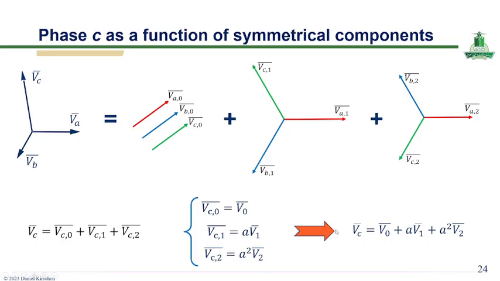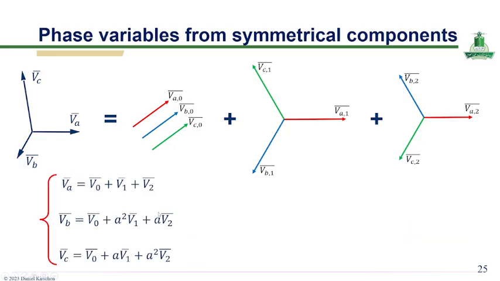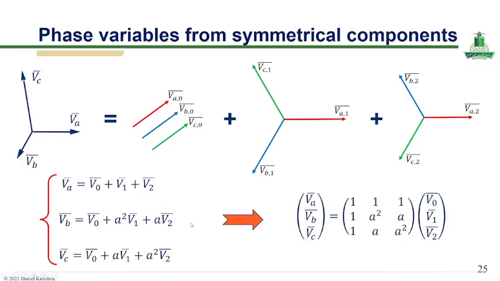So the combination of all of these components gives VC is equal to V0 plus AV1 plus A2V2. So here we have all of these three equations.